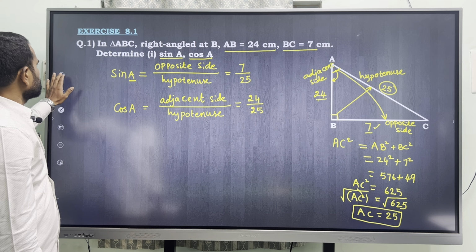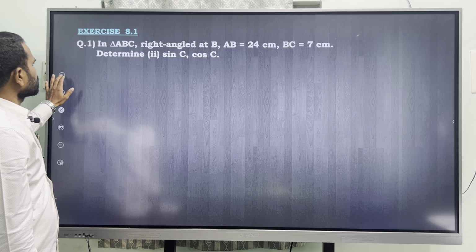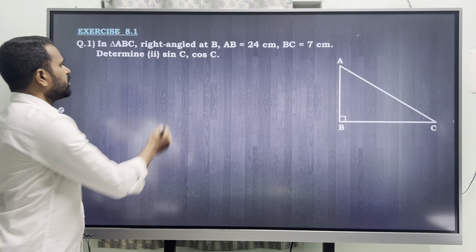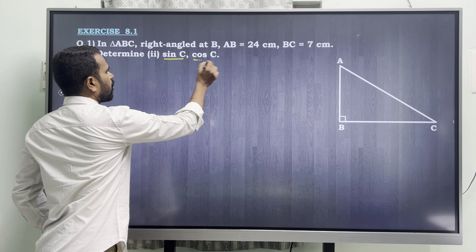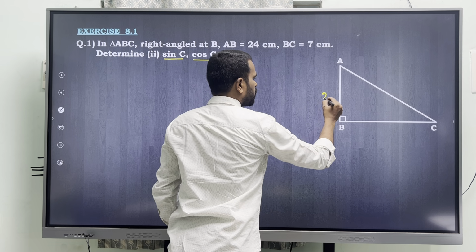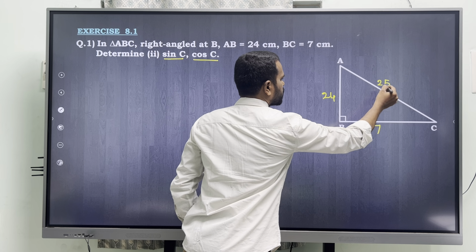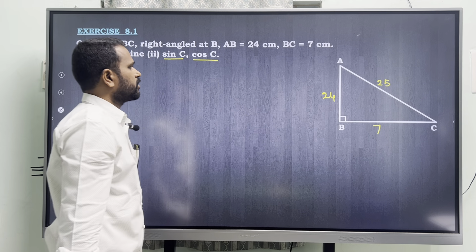So let us see the second part of this question. The same question, we have to find sin C and cos C. So AB is 24, this is 7, and this we have already found in the previous part, it is 25.